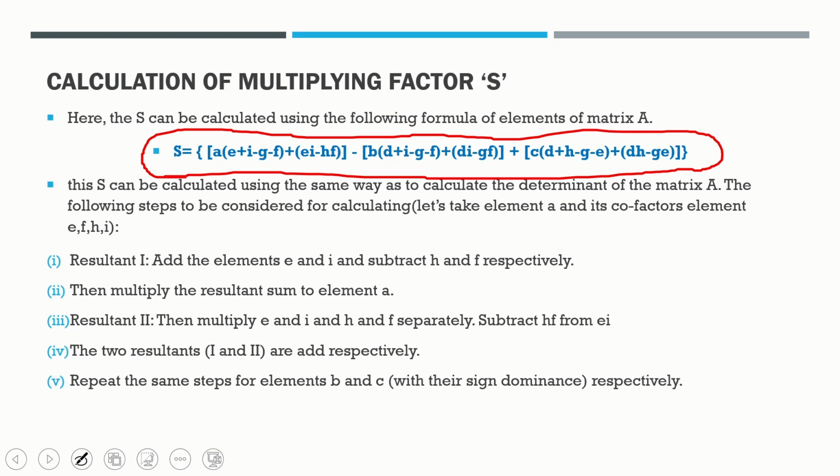So I will tell you how to calculate this one. The S value will be obtained from the matrix A only, not from the new matrix. The new matrix determinant will come from the original matrix, and the S value also comes from the original matrix only.